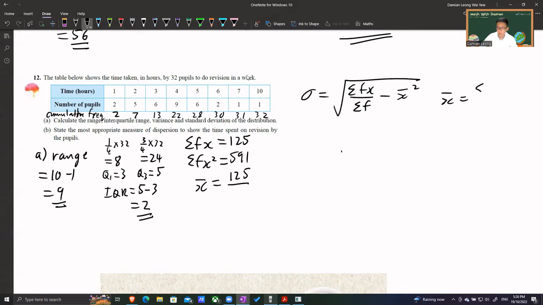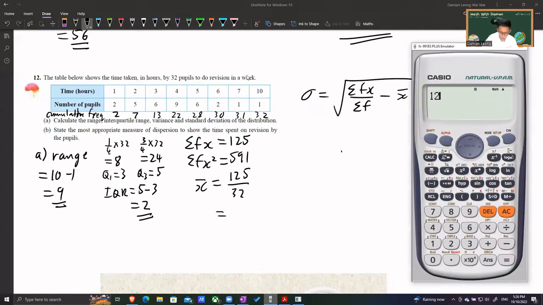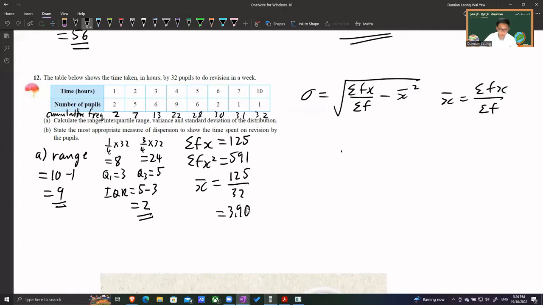So we find the mean. Mean becomes sum of fx over total frequency, so 125 divided by 32, which is 3.906.